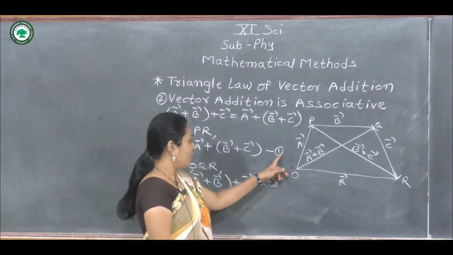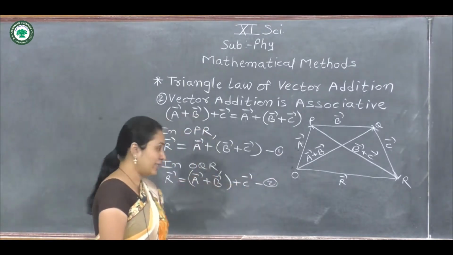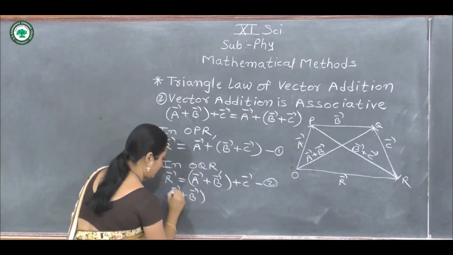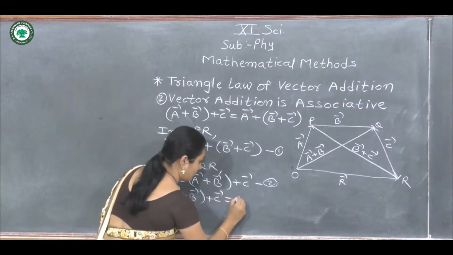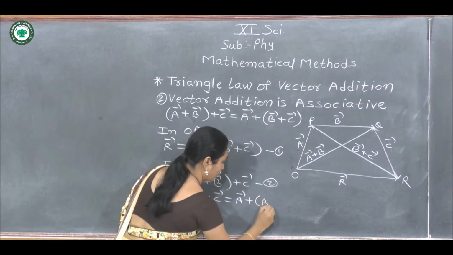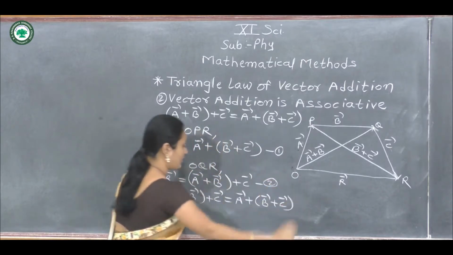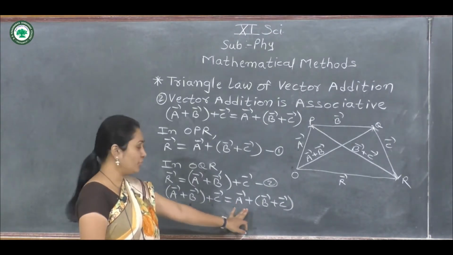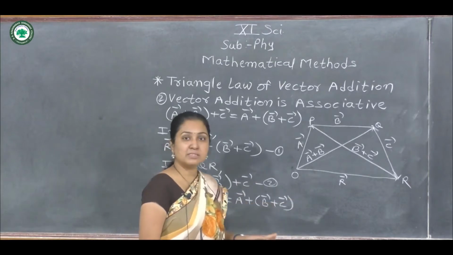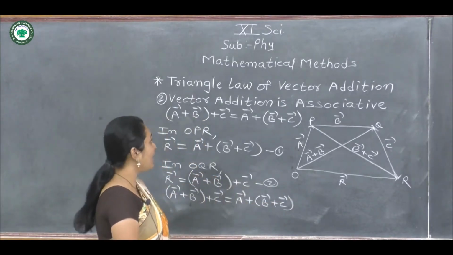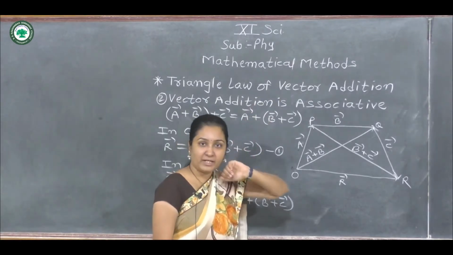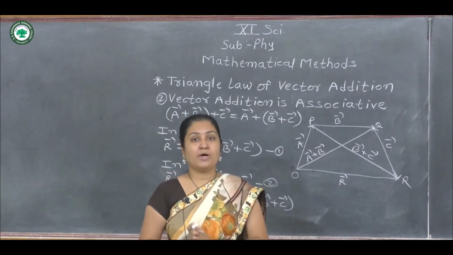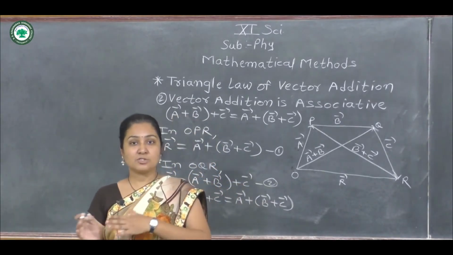Now again, from equation 1 and 2, we can write A bar plus B bar plus C bar equal to A bar plus B bar plus C bar. That means by considering the triangle law of vector addition, we can prove that vector addition is commutative as well as associative.